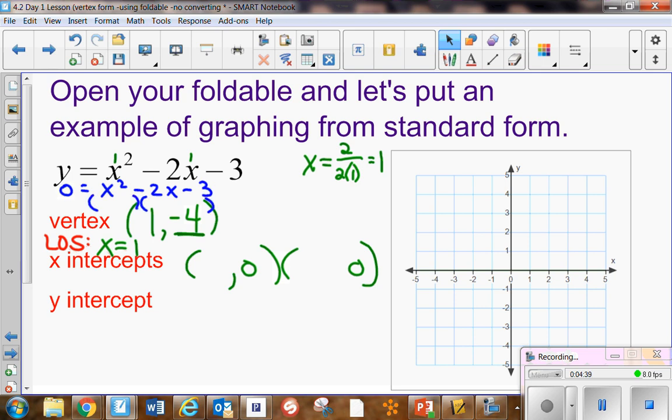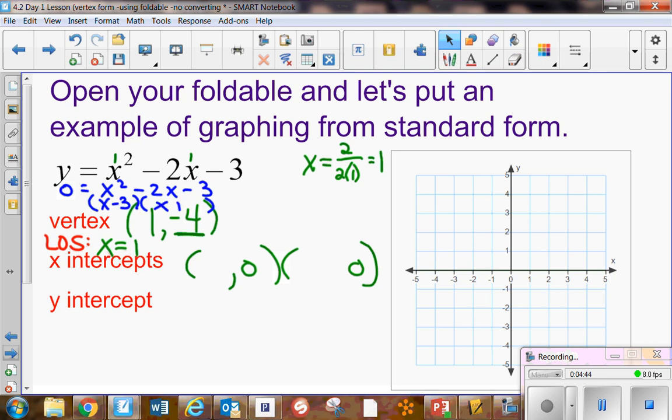Minus 3 plus 1. When I set both of those equal to 0, what are my two x-intercepts? 3 and negative 1. 3 and negative 1. But you can't just say my x-intercepts are 3 and negative 1. You have to write them as points because your x-intercepts are points. And those points will have zeros for the last part.